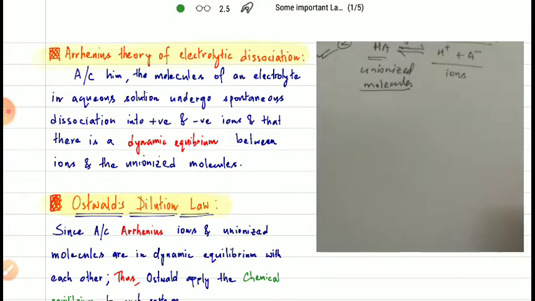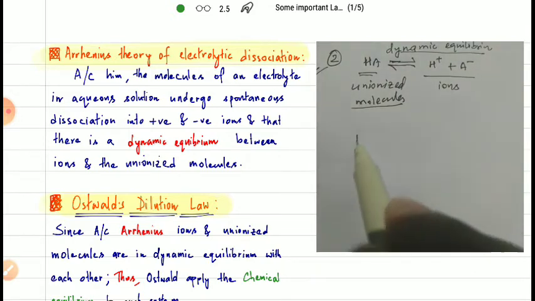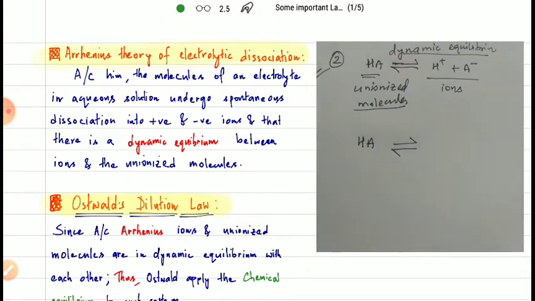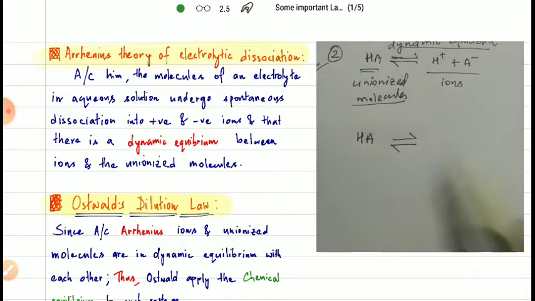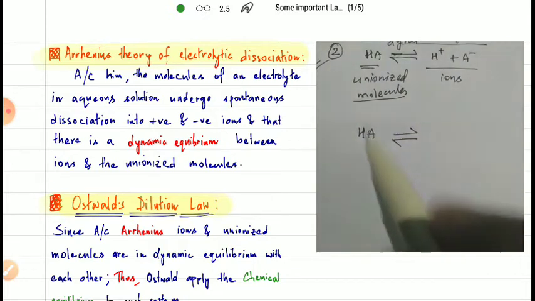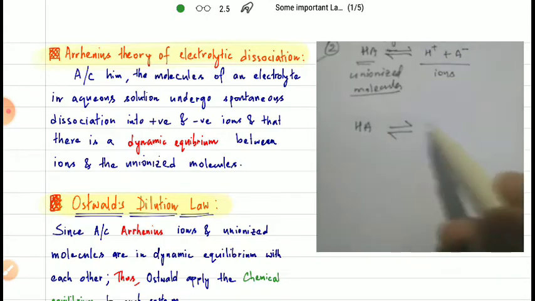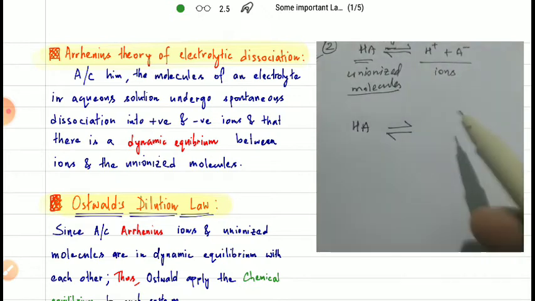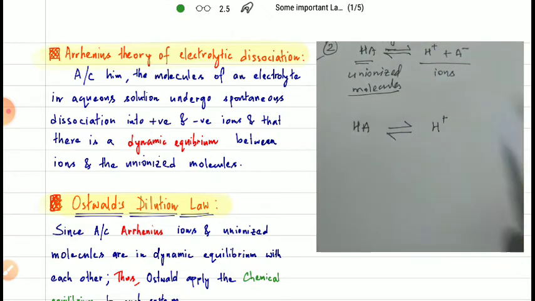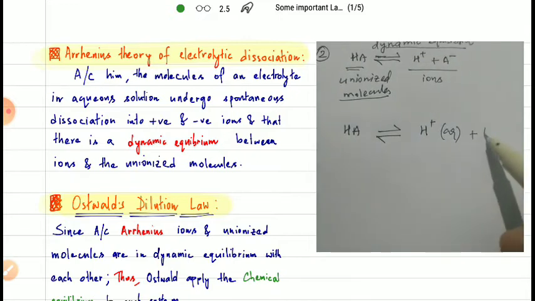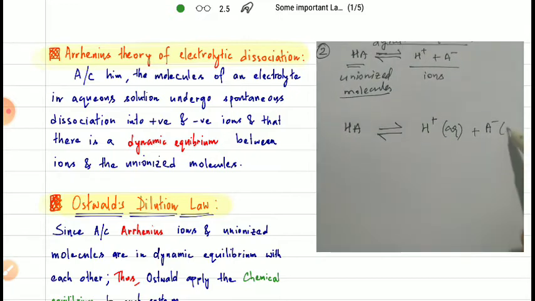One more important point is that when we write electrolytic reactions, where the electrolyte dissociates into its ions in aqueous medium, we always write aq. Why do we write aqueous?